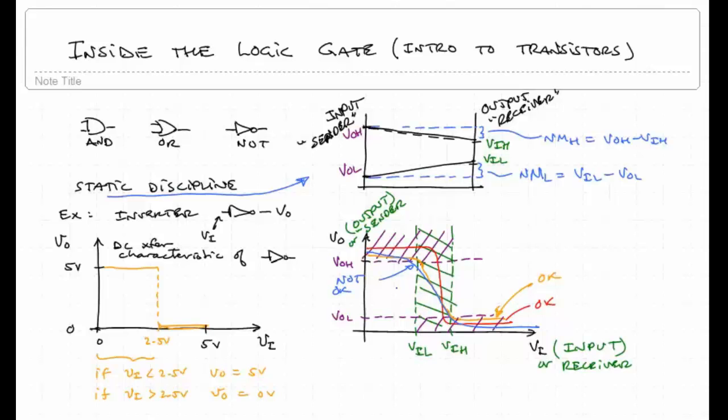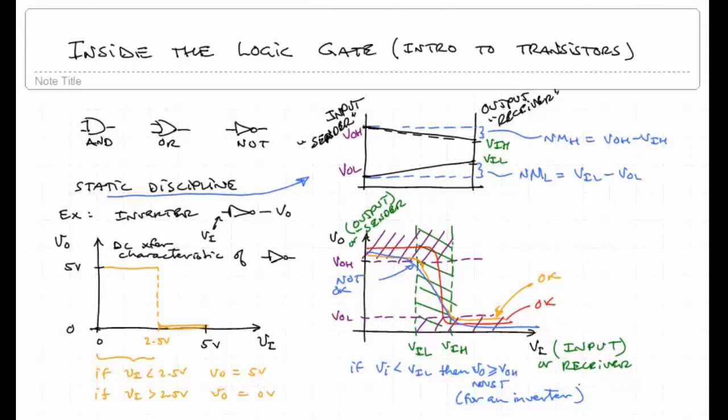It goes out of the hatched area, meaning that we are below, see, if VI is less than VI low, then VO must be greater than or equal to VO high. So it must be, for an inverter satisfying this static discipline. And in this case, it's not.